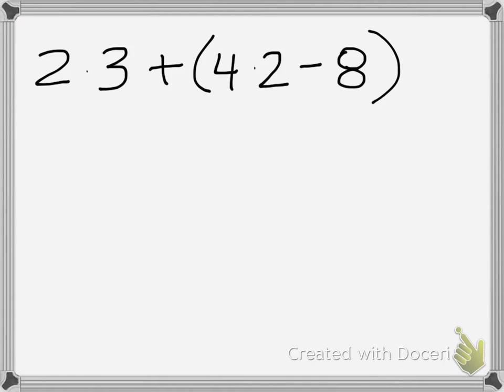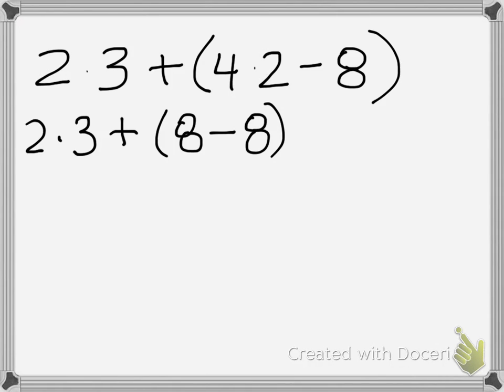We're going to evaluate this expression using properties for each step. Whenever we solve either a multiplication, addition, subtraction, or division problem, we can consider this using the substitution property.